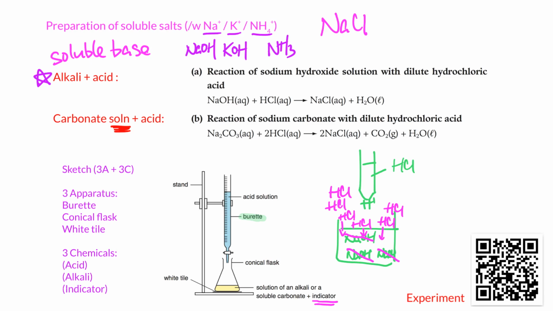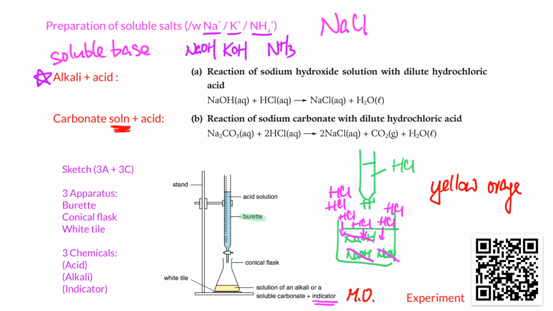For example, if I use methyl orange, at the beginning it is an alkaline solution, so it will be yellow in color. Then when we add HCl, there is less and less NaOH, and finally when it becomes neutral, it will turn orange.